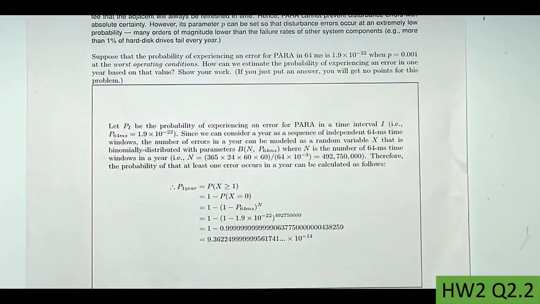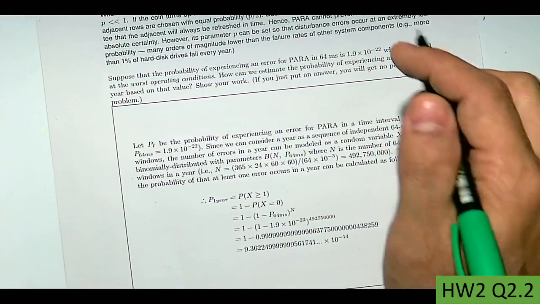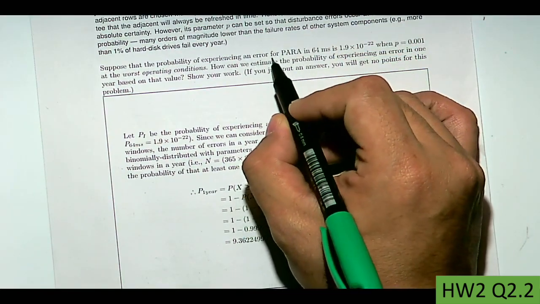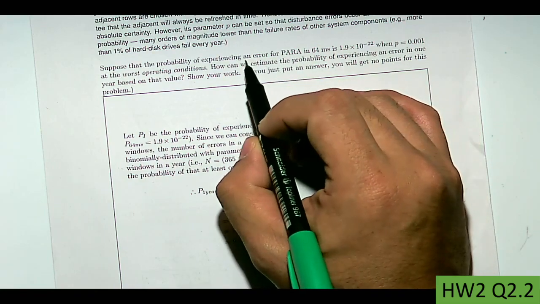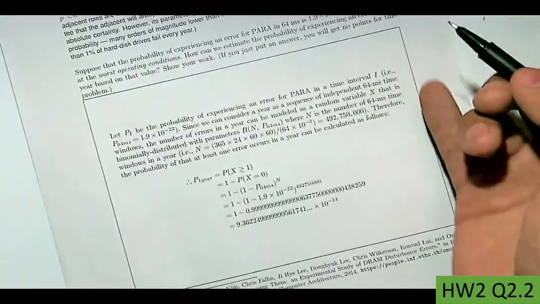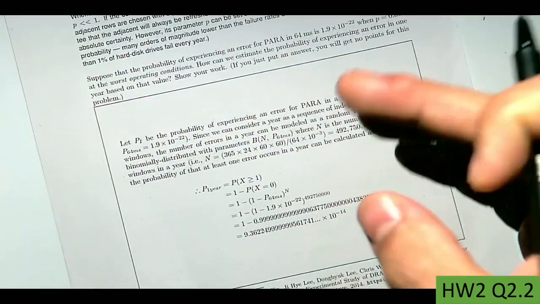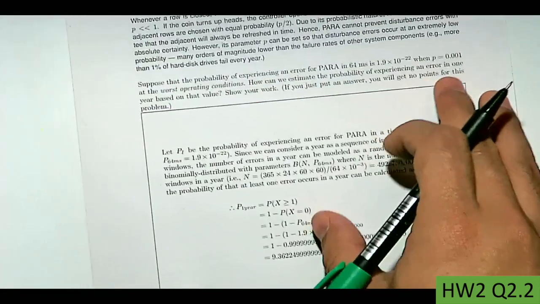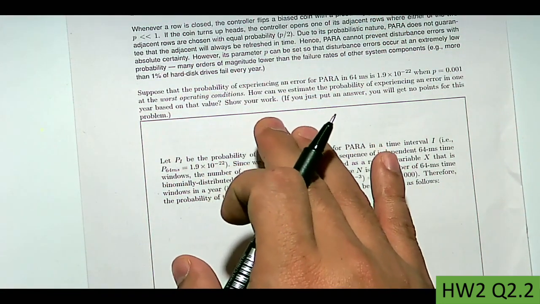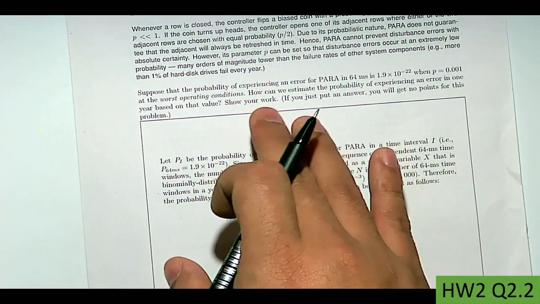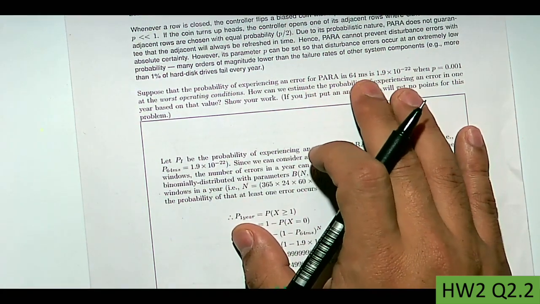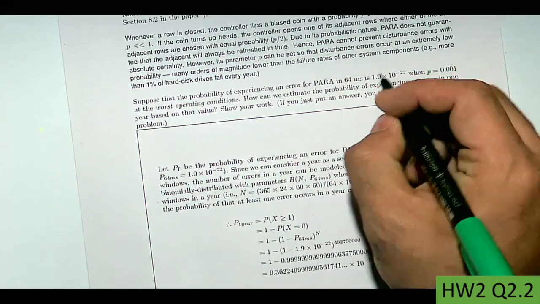So the key question is, we know the error rate of PARA. We know the probability for PARA to experience an error in 16.4 milliseconds, which is very small.